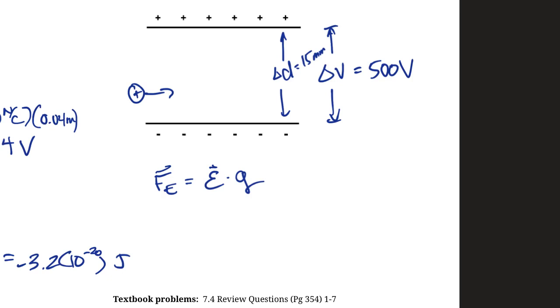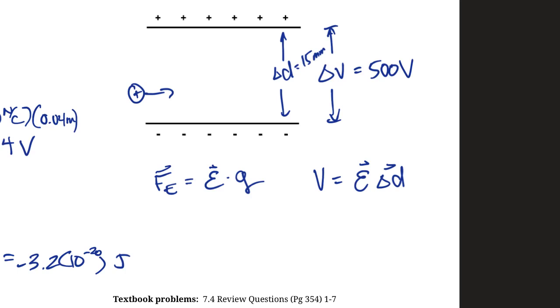That's a very handy relationship. What it tells us is that the electric potential difference between any two points in a field is based on the field strength and the distance between those two points.